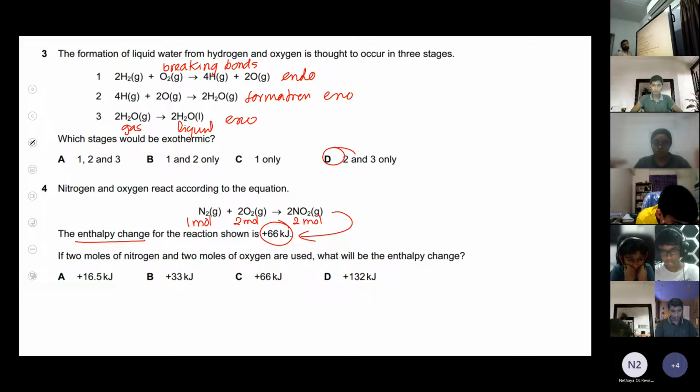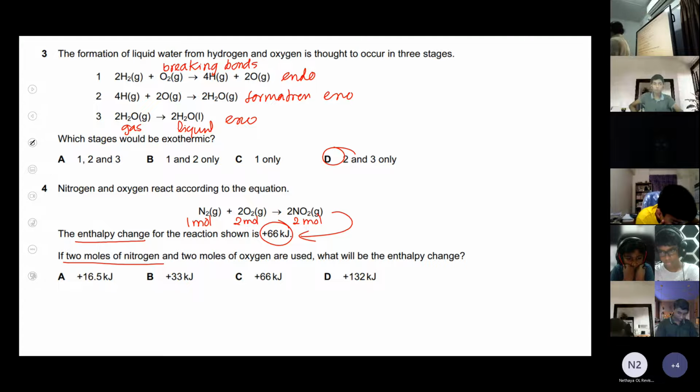Now, if 2 moles of nitrogen and 2 moles of oxygen are used, what will be the enthalpy change?